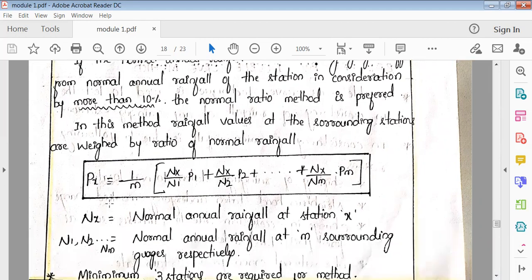In such cases, you have to use the normal ratio method. In this normal ratio method, the surrounding stations are weighted by the ratio of the normal rainfall.